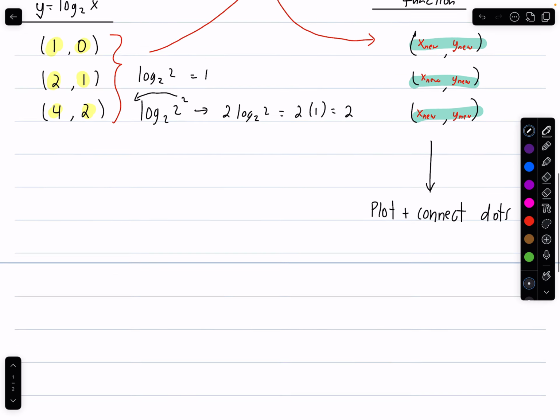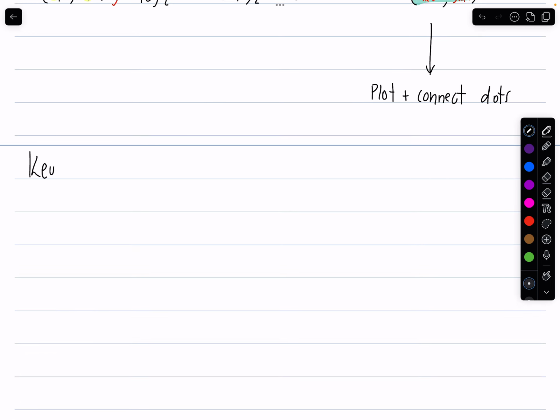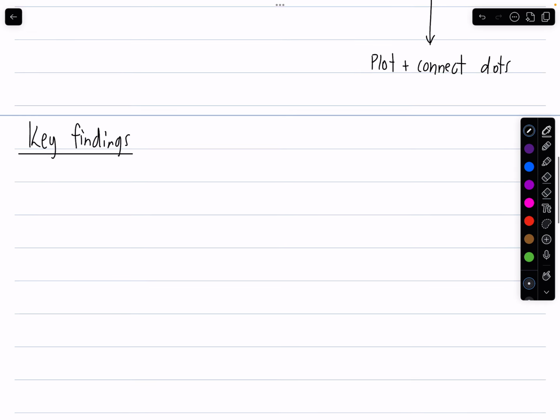Now, one thing I want you guys to know are some key findings. These are some things that I really want you guys to know when it comes to logarithmic functions. When you have the universal equation, in a logarithmic function, we always have a vertical asymptote, right?